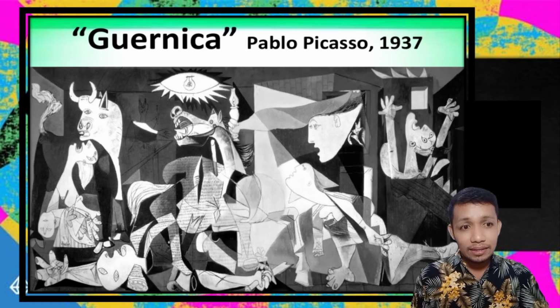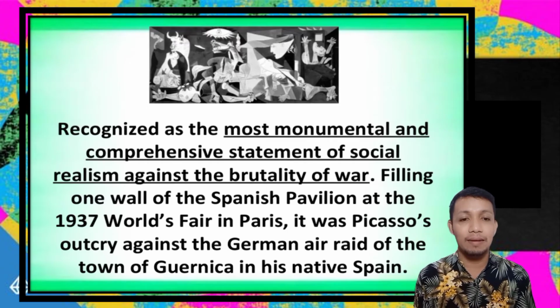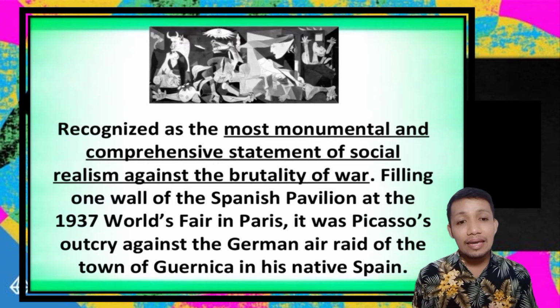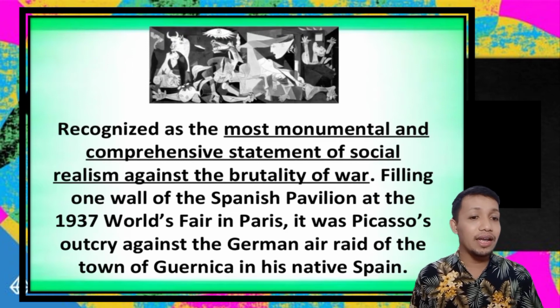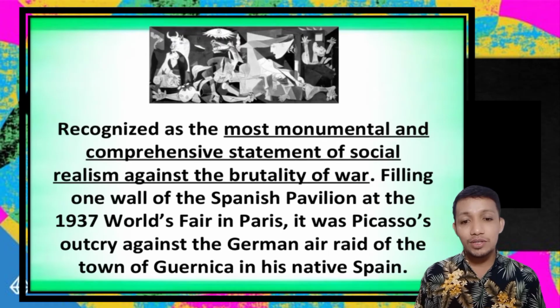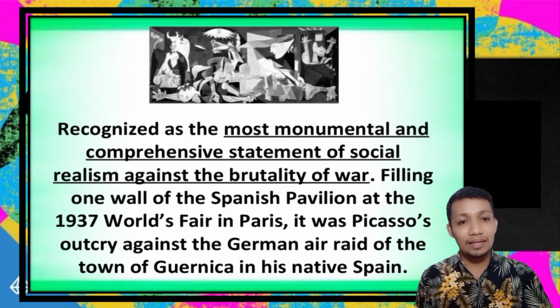And for Guernica, it was recognized as the most monumental and comprehensive statement of social realism, filling one wall of the Spanish pavilion at the 1937 World's Fair in Paris. It was Picasso's outcry against the German air raid of the town of Guernica in his native Spain.